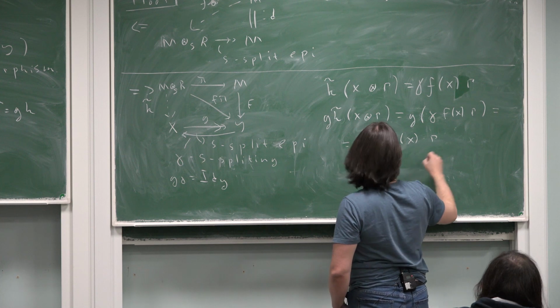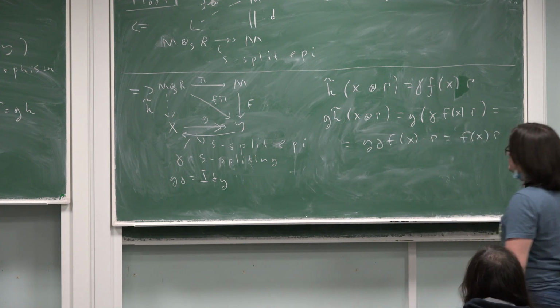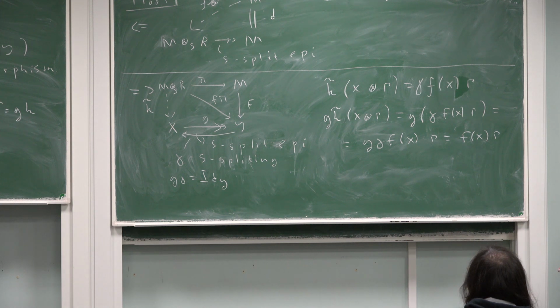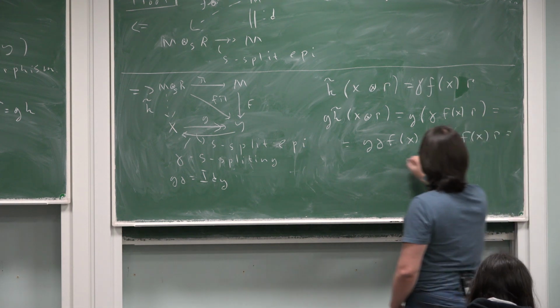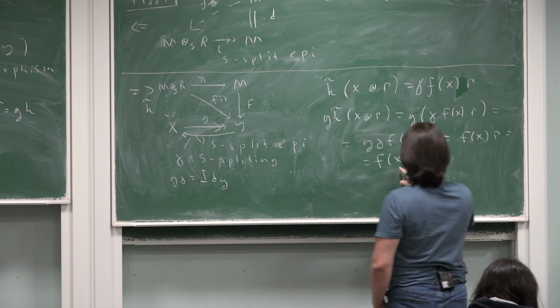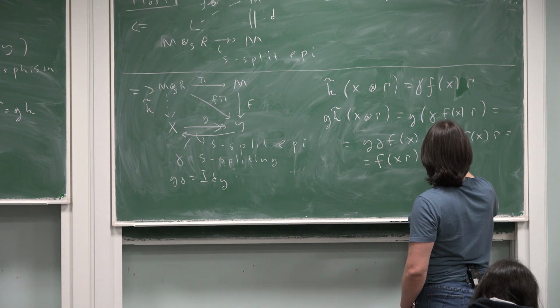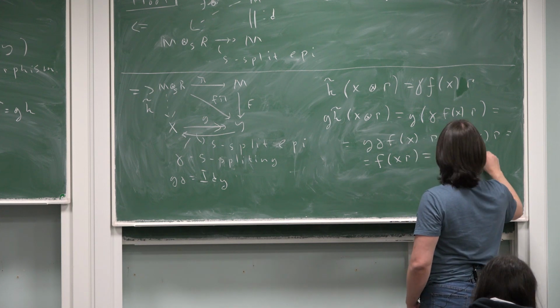G gamma is identity, so it is f of xr, and it is f phi of x tensor r.